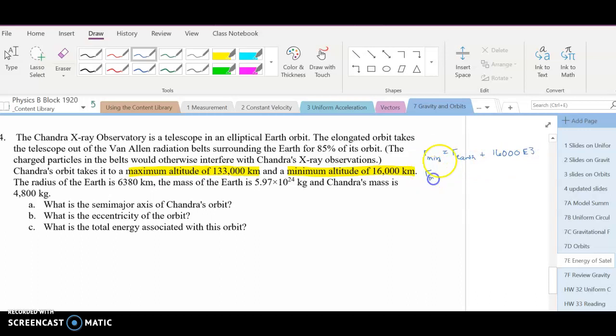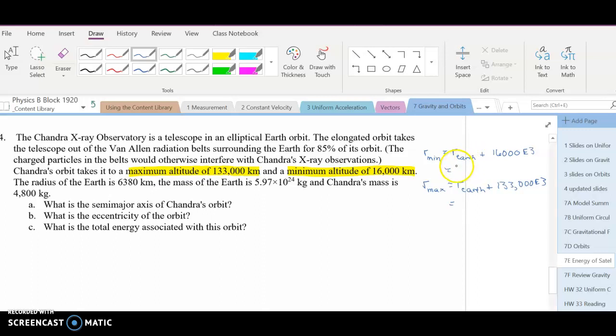R max, and actually maybe I'm going to actually calculate that. R max is going to be the radius of the Earth plus this 133,000 times 10 to the third meters. Okay, so I'm just going to calculate R min and R max. The radius of the Earth is 6,380 kilometers. Don't forget to convert that also to meters.